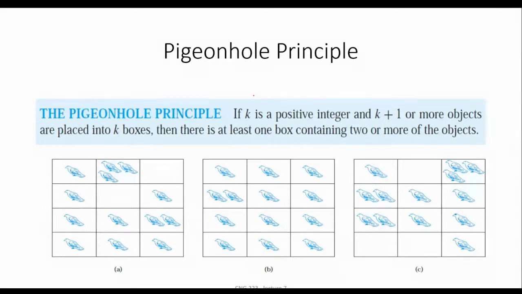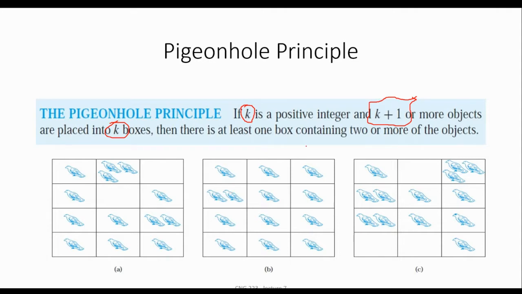What does it say? It says that if k is a positive integer and k plus 1 or more objects are placed into k boxes, then there is at least one box containing 2 or more of the objects. So I have k boxes, and I have k plus 1 pigeons.